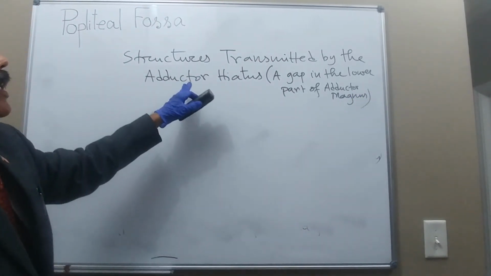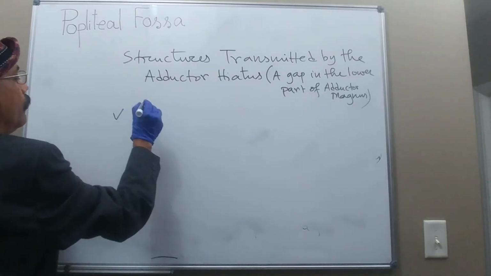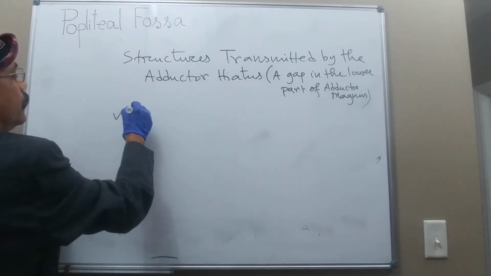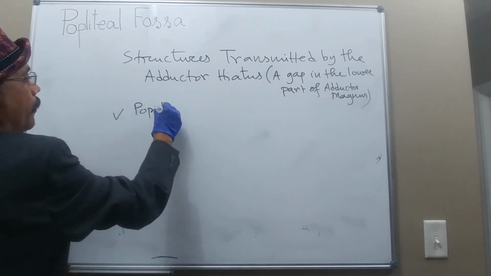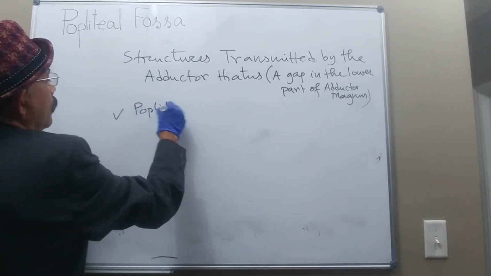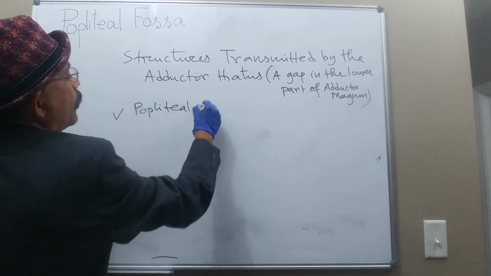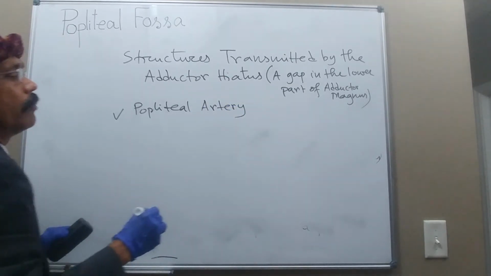Structures transmitted by the adductor hiatus. We have the popliteal artery. It descends to the popliteal fossa.